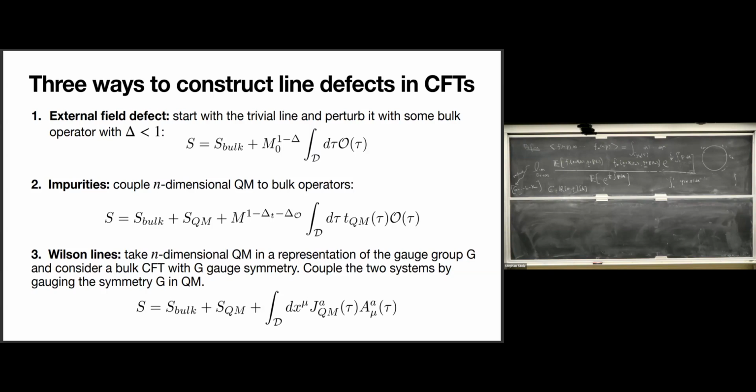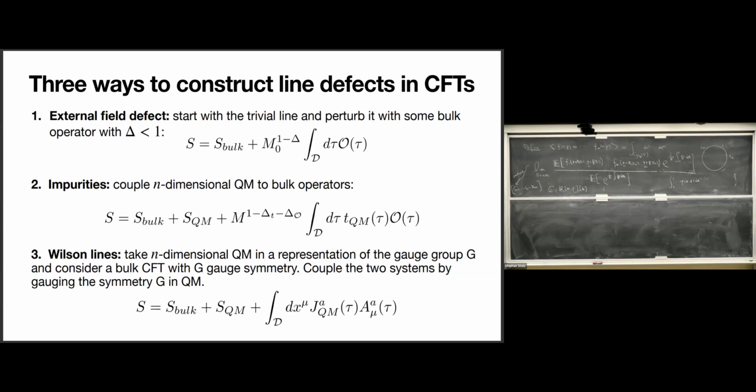So this is one way. The second is what people call models of impurities. That is, you take some conformal bulk theory, you take some quantum mechanics, and then you couple the degrees of freedom of the bulk theory with the degrees of freedom of quantum mechanics by adding some relevant couplings between them.